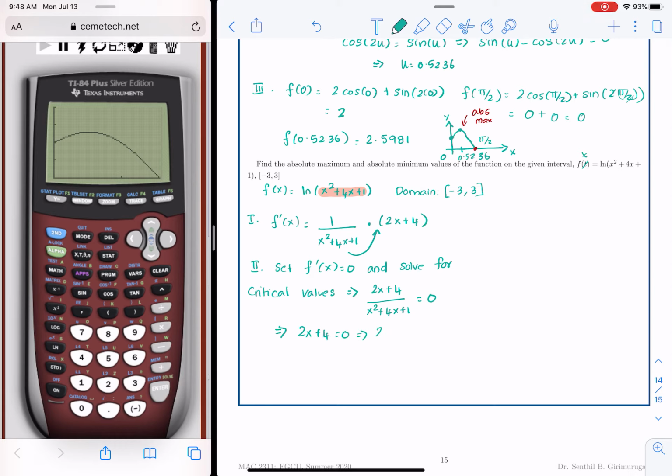Which would imply 2x is equal to -4 and x is equal to -2. And that is within the domain of the function, so we can proceed and see if that is a minimum or a maximum.